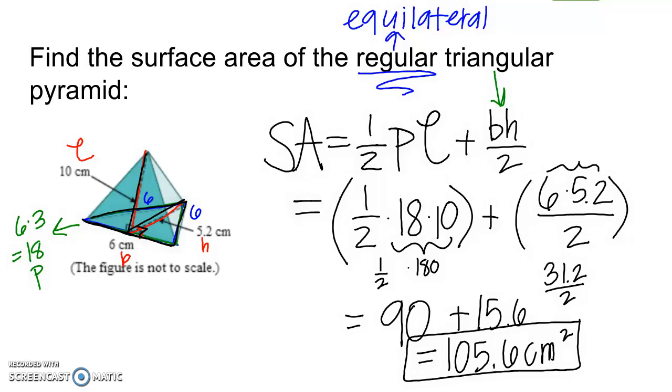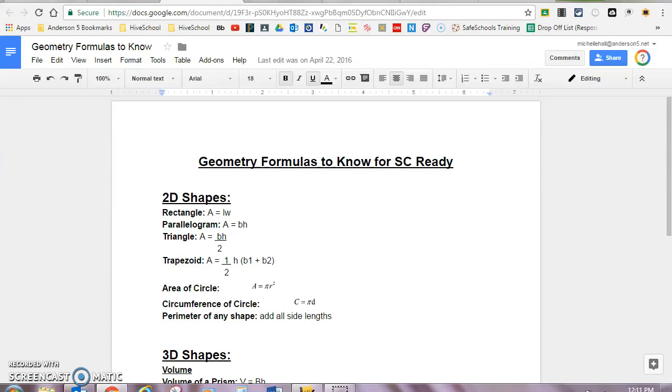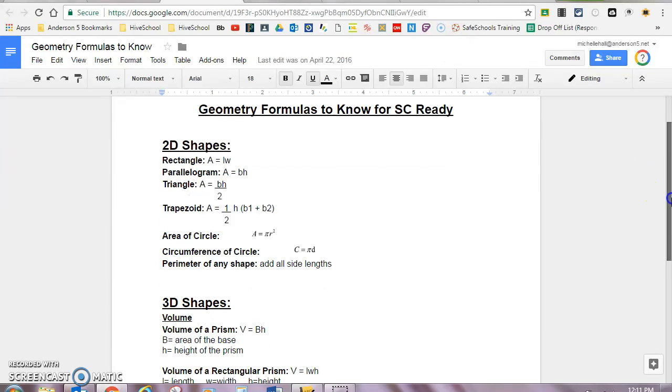Alright, this has been a review, one of each type of shape. If you are stuck, rewatch the example, raise your hand and ask me a question. I'm going to put on Google Classroom a review kind of formula cheat sheet.